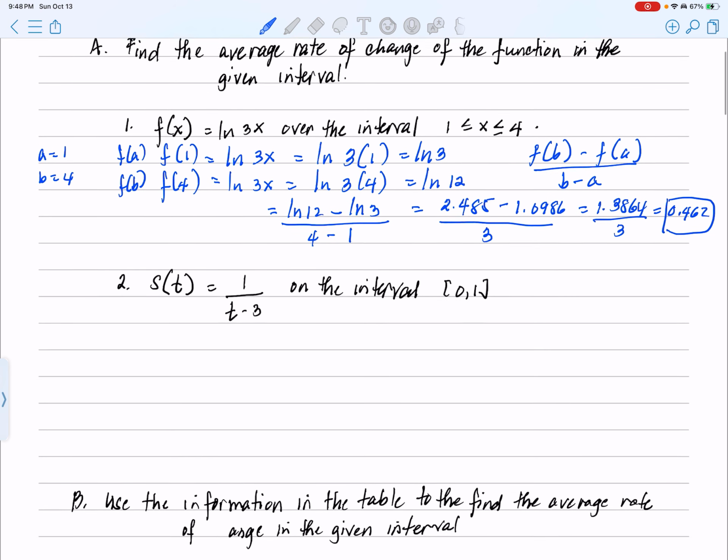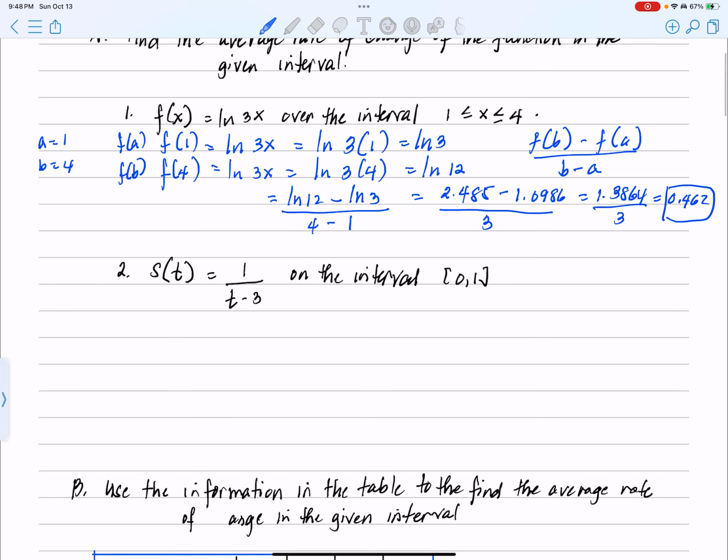Let's have another function. S of t is equal to 1 over t minus 3 on the interval of 0 to 1. In this case, I could make a and b: the a would be 0 and the b would be 1.